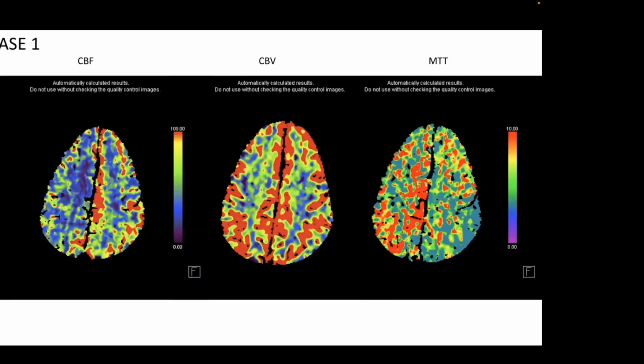She went to another ER. She has a history of childhood leukemia for which she received brain radiation. So she ended up having a CTA, an MR scan with an MR perfusion. And so this is her cerebral blood flow scan, cerebral blood volume scan, and her mean transit time. What does this tell you?